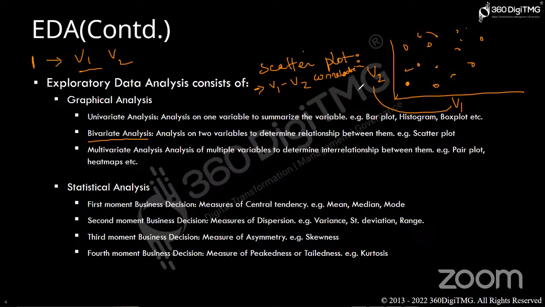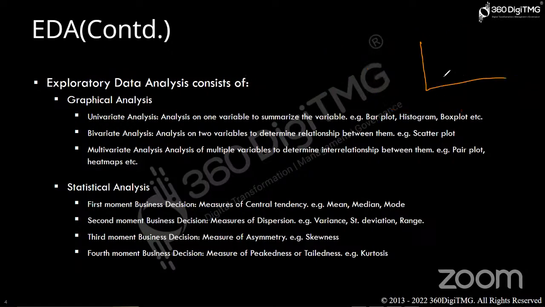Let me just show you. If our data is somewhat like this, suppose this is a positive relation. Positive in the sense that with an increase in v1, as v1 increases from 1 to 2, v2 also increases from 1 to 2. As both are increasing together, this is a positive relation.